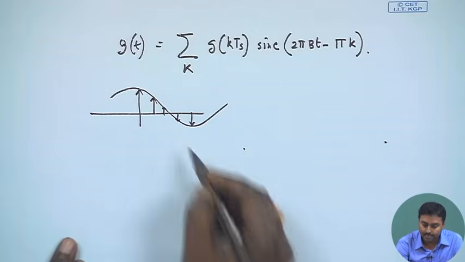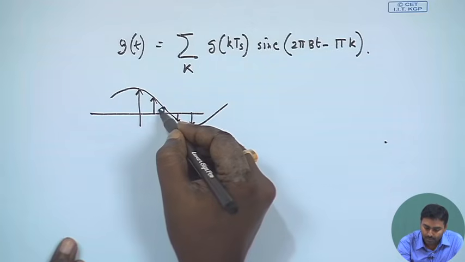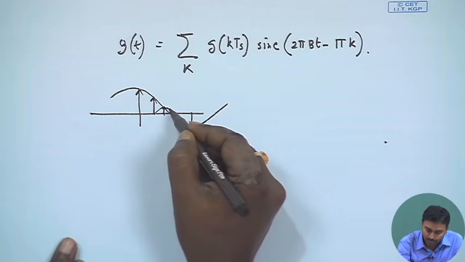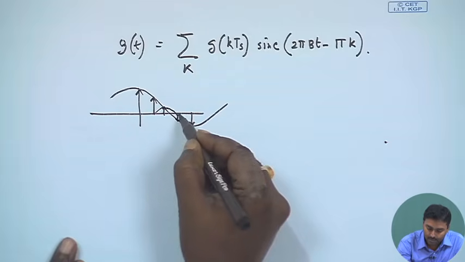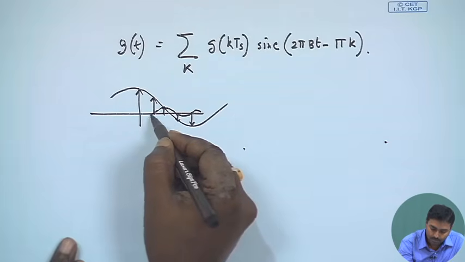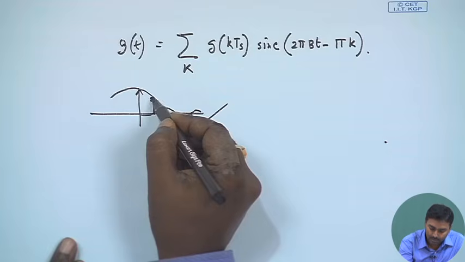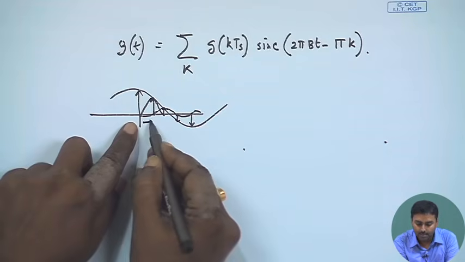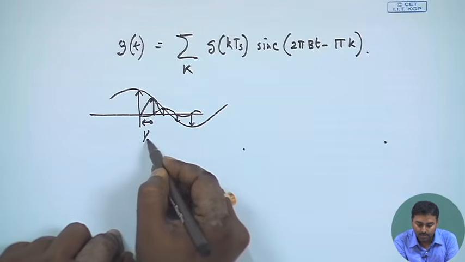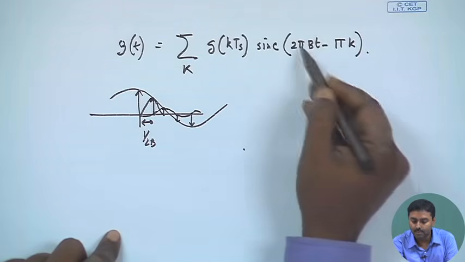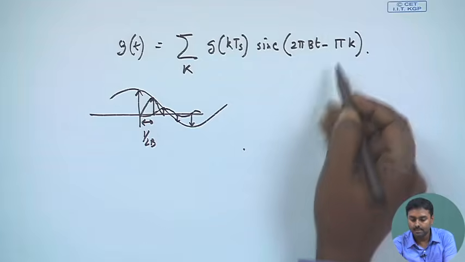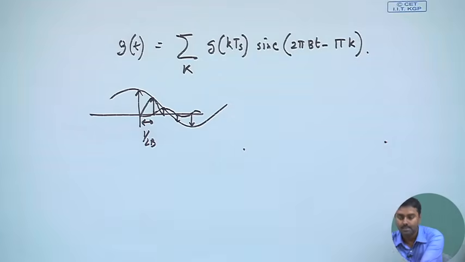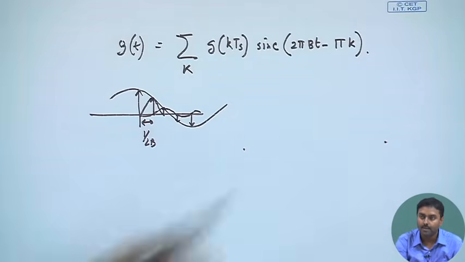So, that sinc goes to 0 over here and then keeps on going, and here also there will be a sinc which goes to 0 over here, because the separation is just 1 by 2b, and the sinc function with 2 pi bt, this is just a shifting factor, it just takes it to the next one.